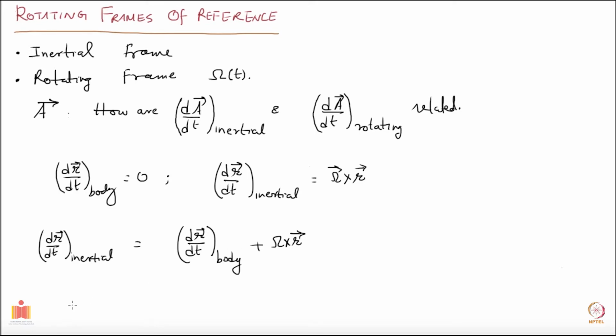If you are looking at any other vector, it has to obey the same rule because it has to exactly follow what the prototype does. So let's say your vector is generically denoted by capital A here, then we have the relation: d over dt calculated in the inertial frame of A will be equal to d over dt evaluated in the body frame.